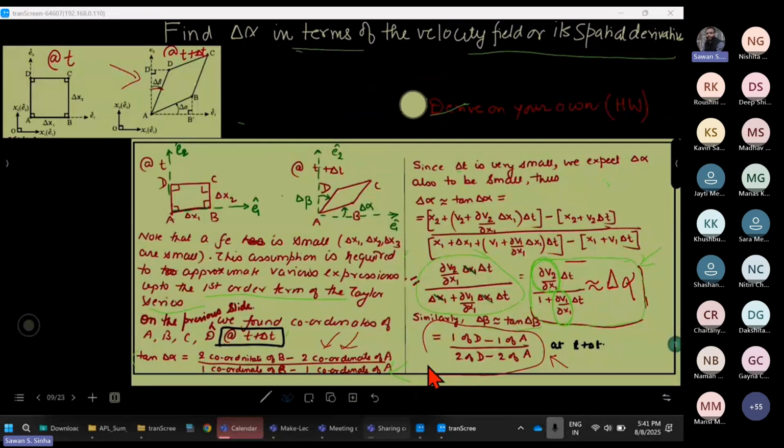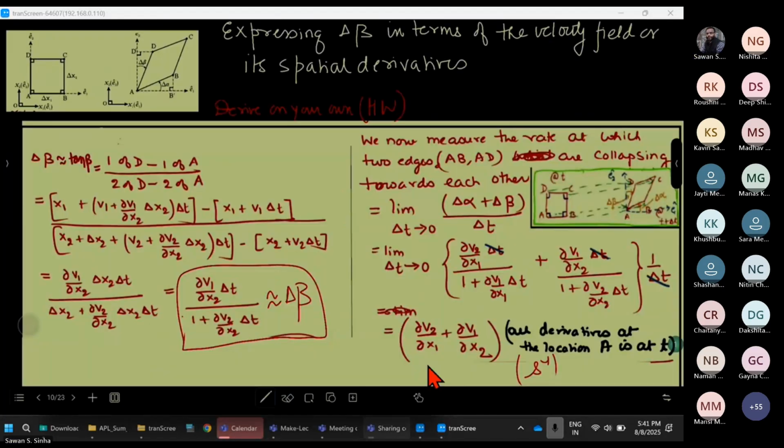Yeah, I've also written here, derive this on your own. Can be treated as a homework. Then only you will understand various indices and you will feel hopefully confident that you have understood it.